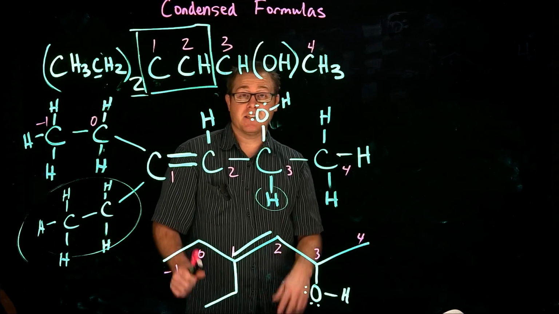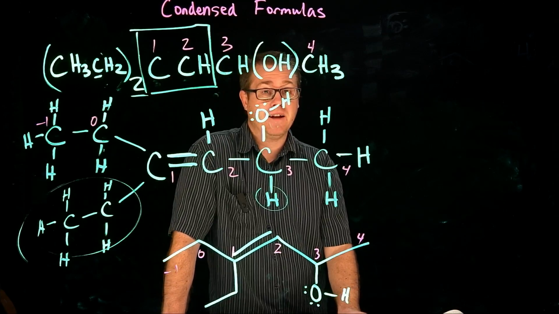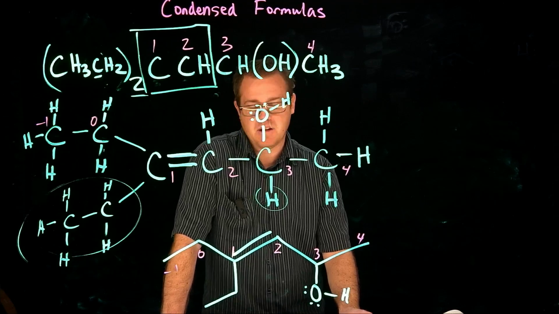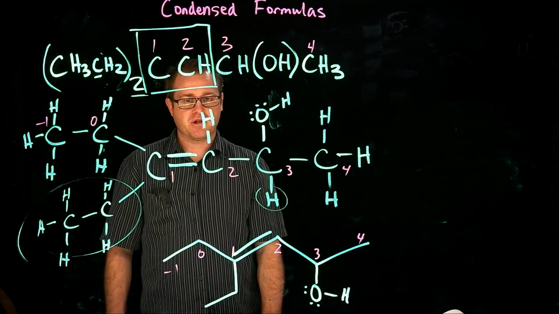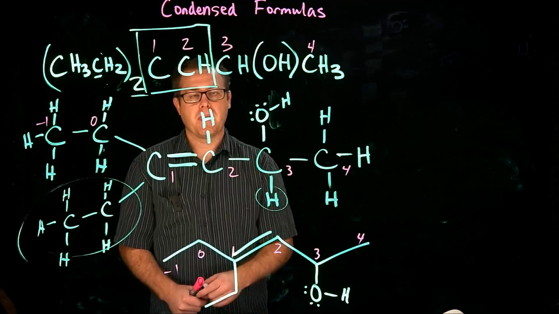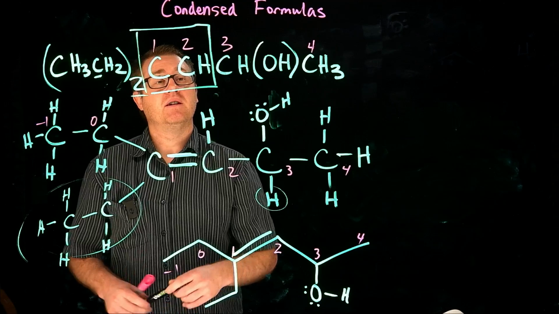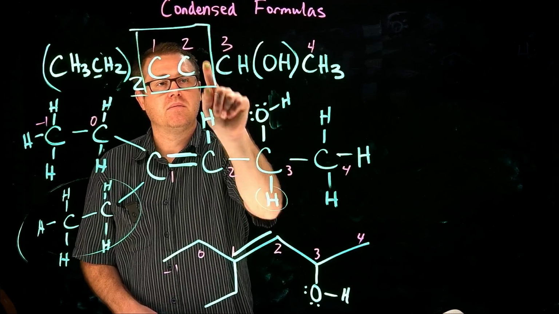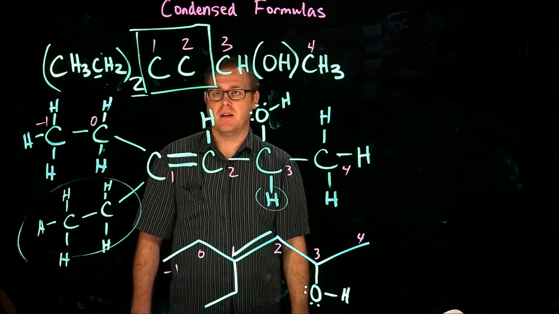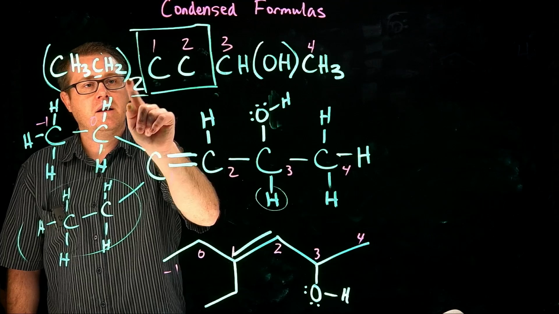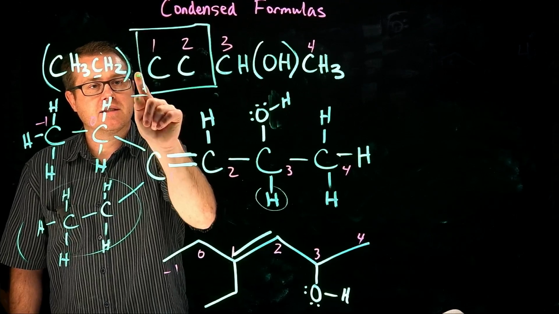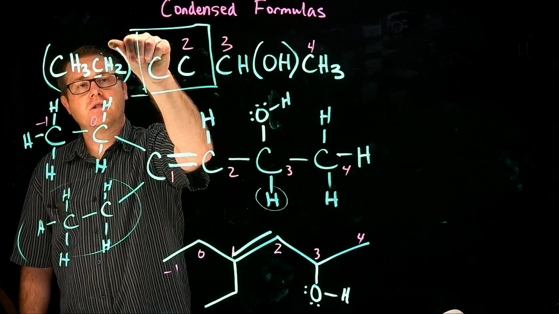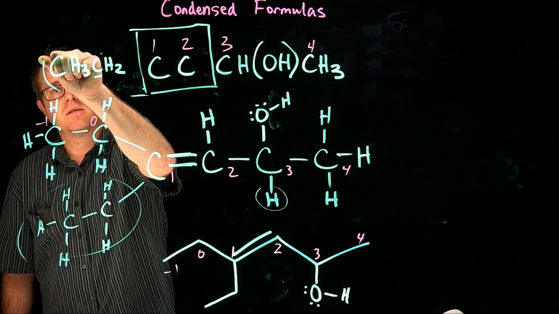Now I want to take this problem and make some minor adjustments to it and show you how it would change the structure. Okay? So what if I got rid of this H? And what if I got rid of that subscript 2? So now it just looks like this.